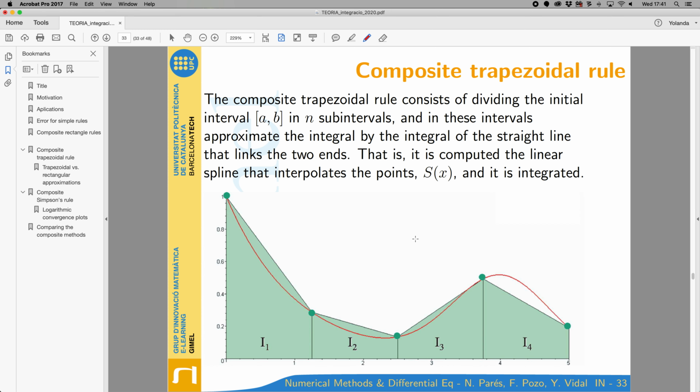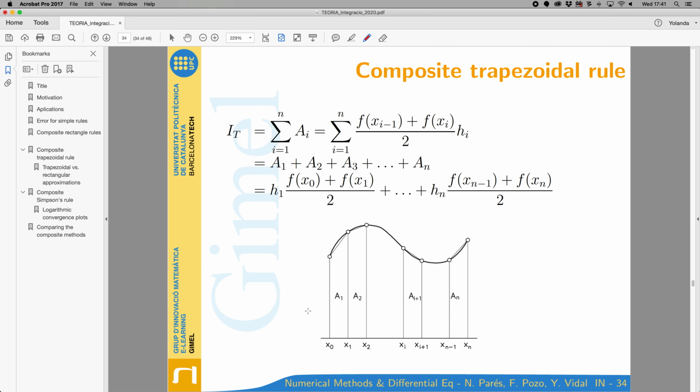Now, the idea of the trapezoidal rule is pretty similar. We want to subdivide the initial interval AB into subintervals, and in each one of these subintervals we will approximate with the simple trapezoidal rule. And that's what we do here. We approximate the integral with the trapezoidal composite rule, which is the sum from 1 to n of all the areas of these trapezoids in each one of the subintervals.